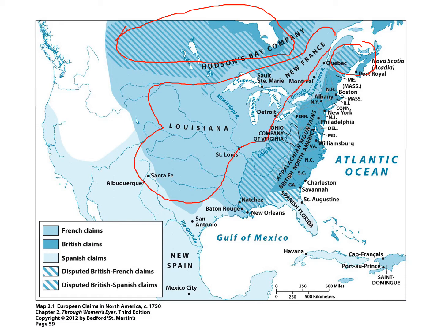Here where I'm circling New France, this was land at the time owned by, guess who? The French. So in modern day terms, we're looking at the area of modern day Mississippi, North Dakota, South Dakota. Here down below, we have half of Texas that was taken over by the French.